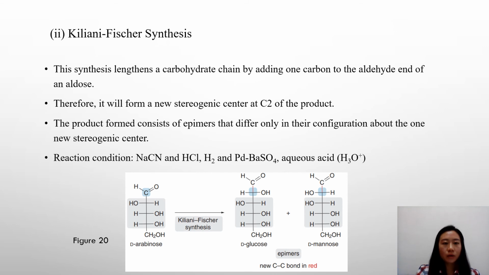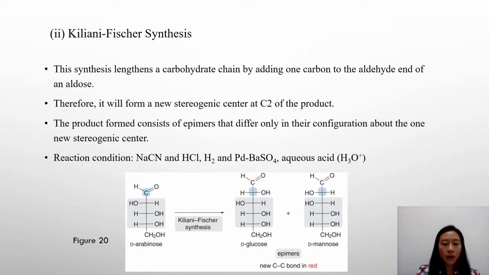Okay, now we are looking into Kiliani-Fischer synthesis. This synthesis lengthens a carbohydrate chain by adding one carbon to the aldehyde end of an aldose. Therefore, it will form a new stereogenic center at C2 of the product. The product formed consists of epimers that differ only in their configuration about the one new stereogenic center.